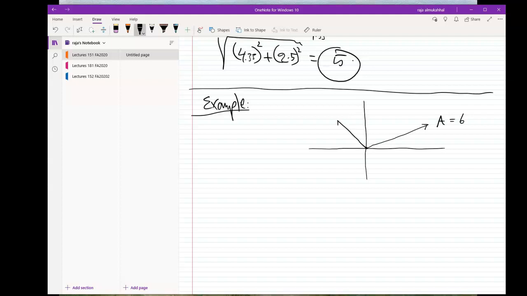A little bit shorter. I'm going to call it vector B, and it's equal to 4. Let's assume that the angle here is 30 degrees. Keep things simple. And let's assume the angle here 45 degrees. And I want to know the resultant vector.